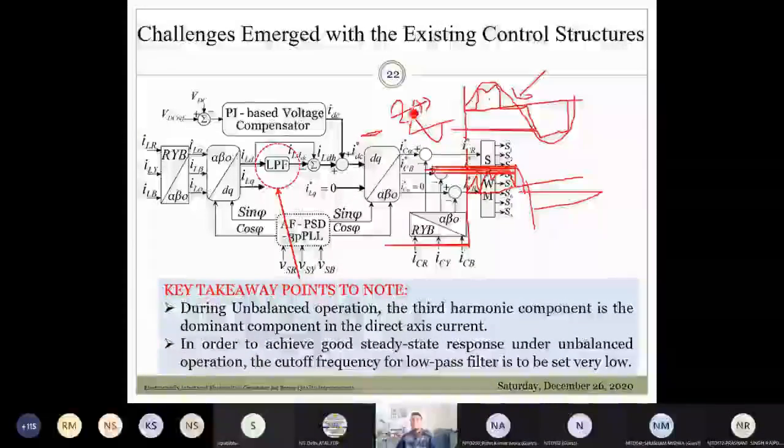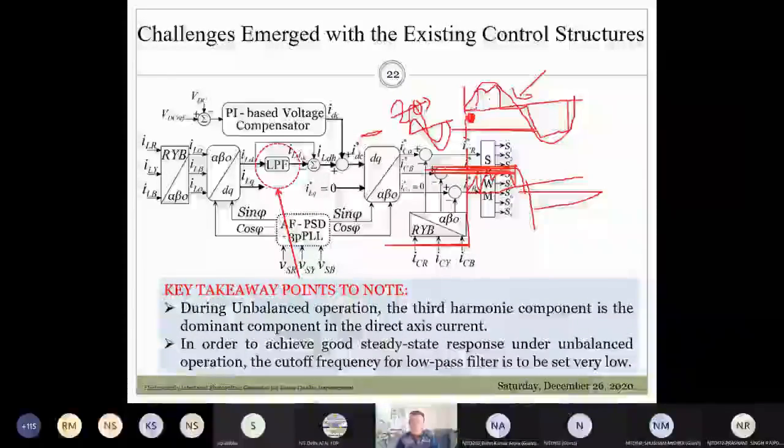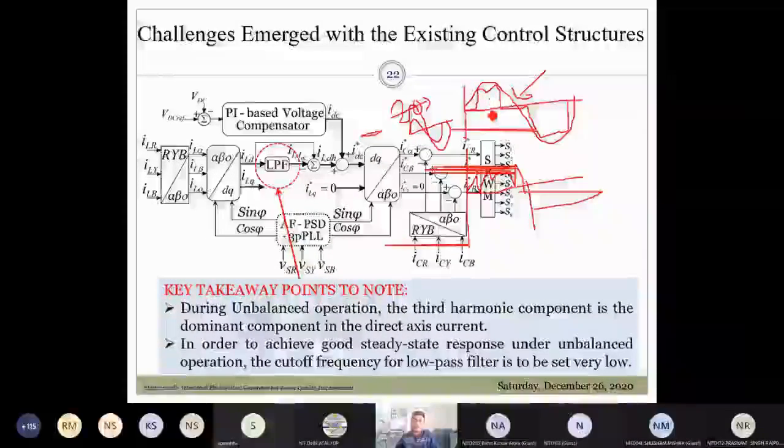When you multiply this 20 with this, it will increase the magnitude, something like this. This would be your reference current, and then you subtract the actual current from this reference grid current, and you will have this compensating command. This is the most commonly employed technique, and this is how the procedure works.